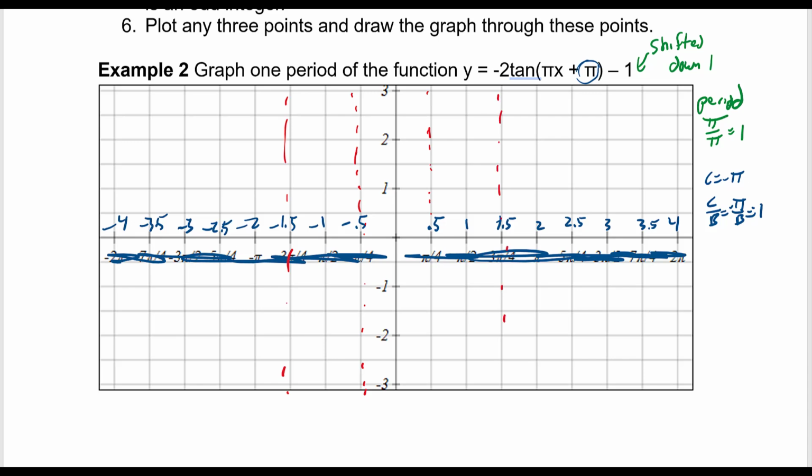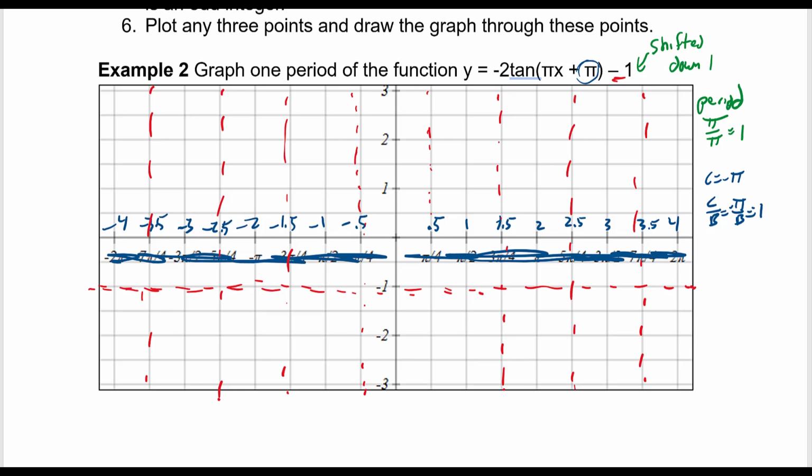And given that it's a periodic function, it's going to repeat on top of itself, just shifted over itself. And then this is going to go down 1, so our center line is going to be down here instead. What would have crossed on the x-axis is going to cross on what we call the center line. I know it looks like it's not centered, but you have to remember this graph goes up forever and down forever.